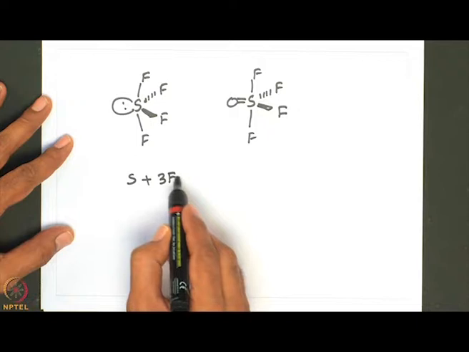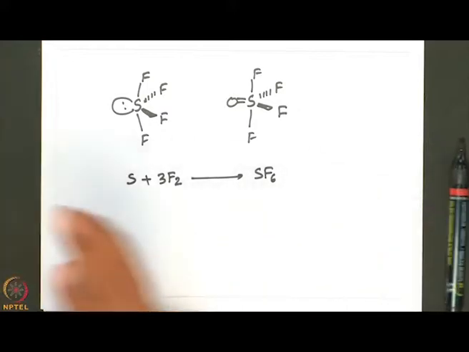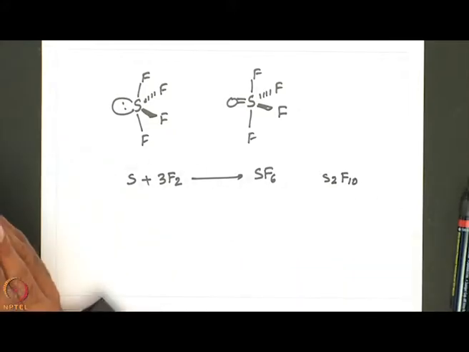Okay. Among the sulfur fluorides, SF6 stands out for its high stability and chemical inertness. It can be made by burning S in fluorine and is commercially available, widely used as electrical insulator. The preparation of SF6 from S and F2 produces small quantity of S2F10 as well, and the yield can be optimized by controlling the reaction conditions.